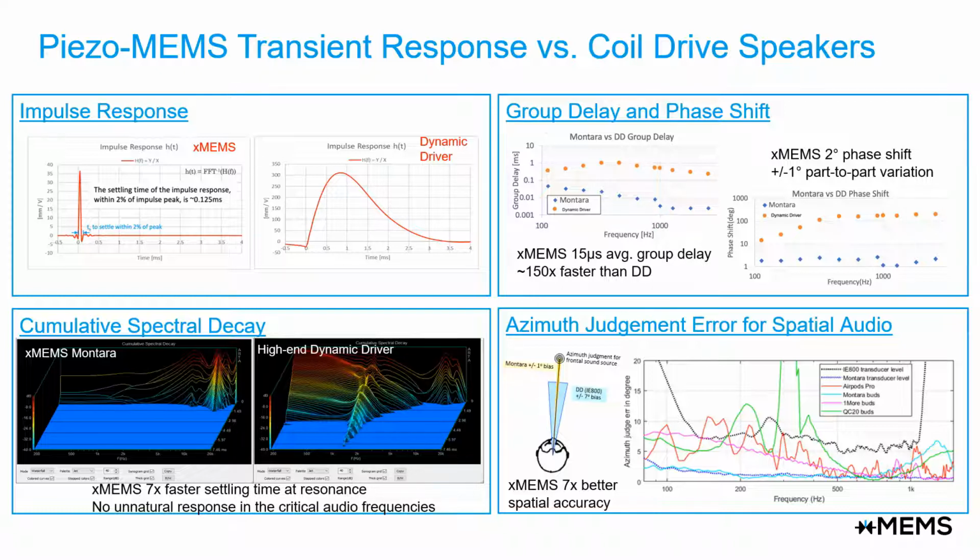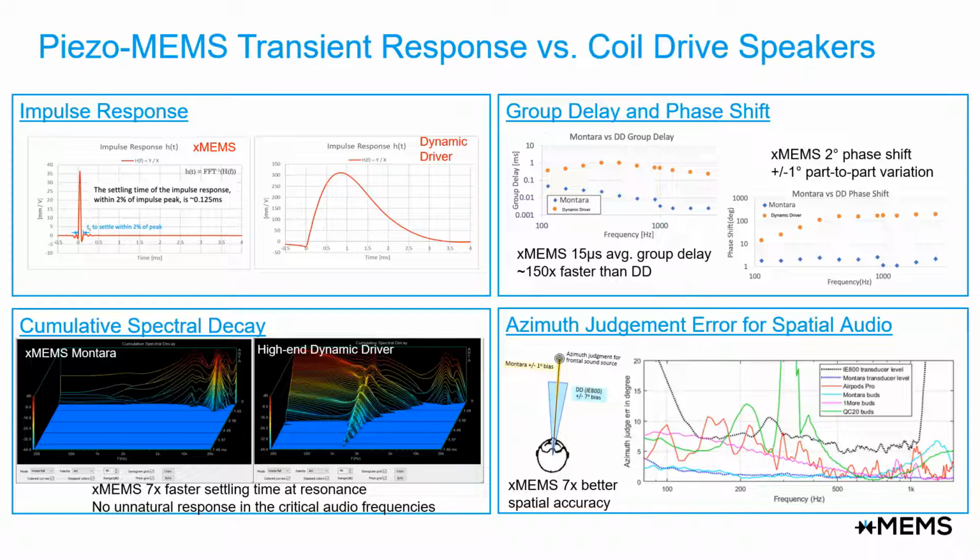If you look at the group delay and the phase in the upper right, this was a measurement of the same Montara speaker against a different dynamic driver. This was harvested from a consumer TWS ANC headset, popular company. And what you see in the orange dots is that dynamic driver, and the blue diamonds being the piezo-MEMS microspeaker.